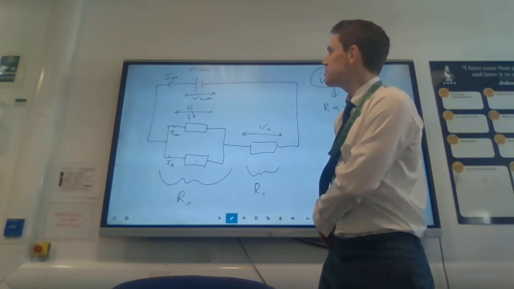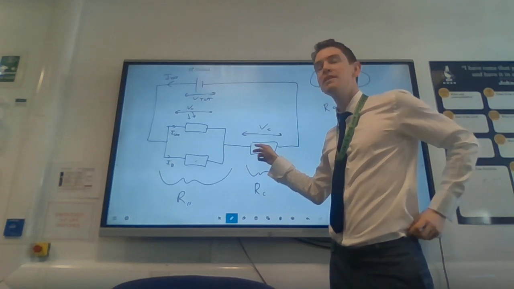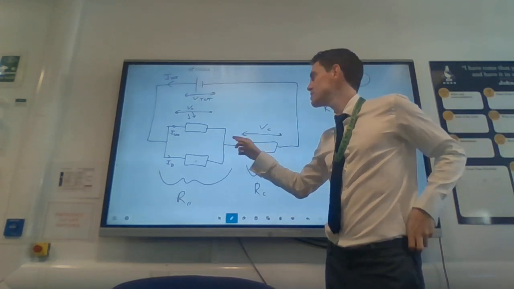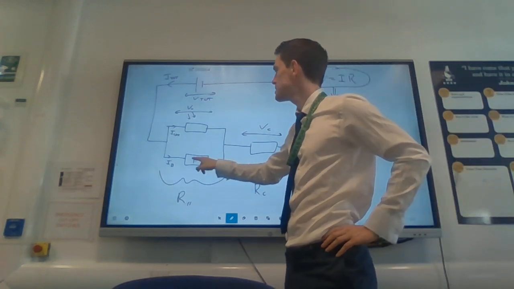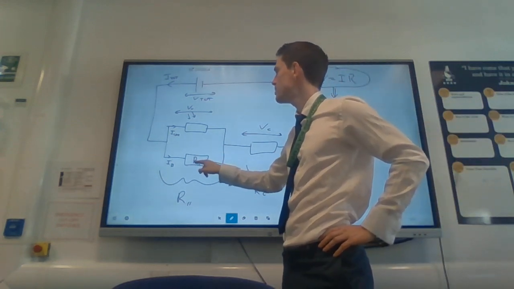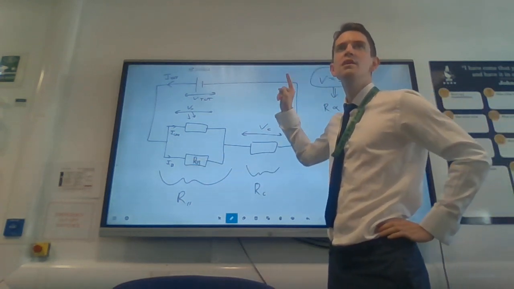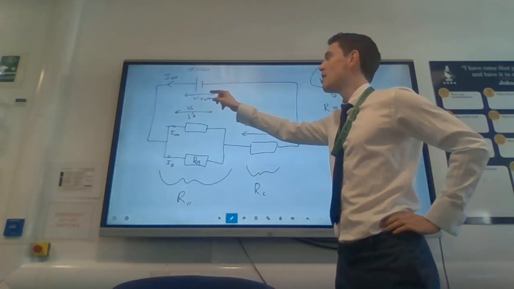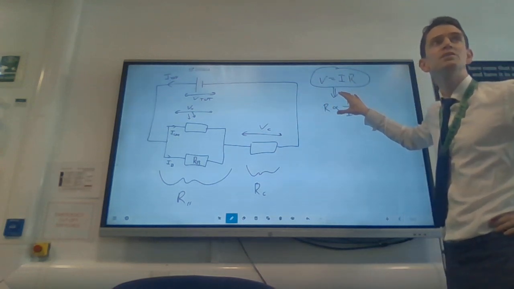The other things that are going to be fixed are these other components that are built specifically to have a value. So resistors are built with a specific resistance. We haven't labelled this on here. I'm going to label it RB. So RB will be constant, RC will be constant, V tot will be constant, and that will allow us to use relationships like this in specific situations.